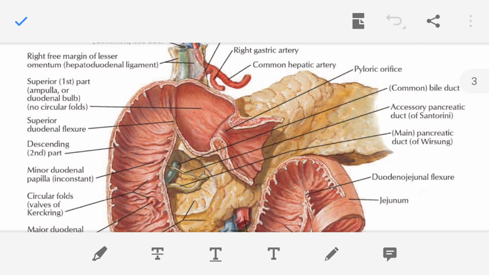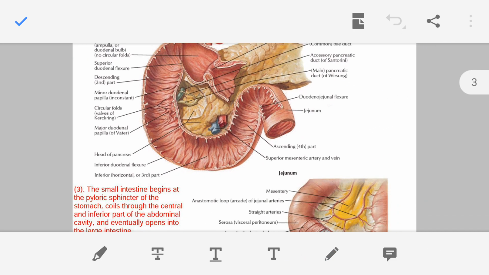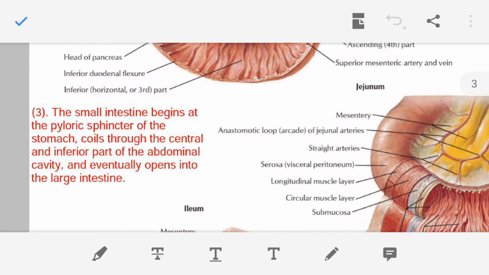So we can say that now here, after the pyloric sphincter, as you can see, this duodenum is starting. Okay, so this is the first line of this point.